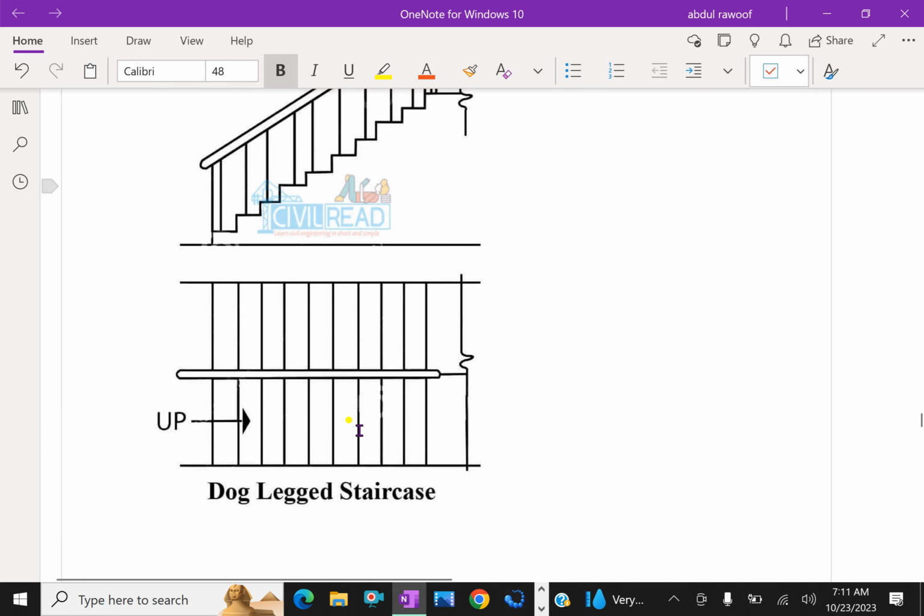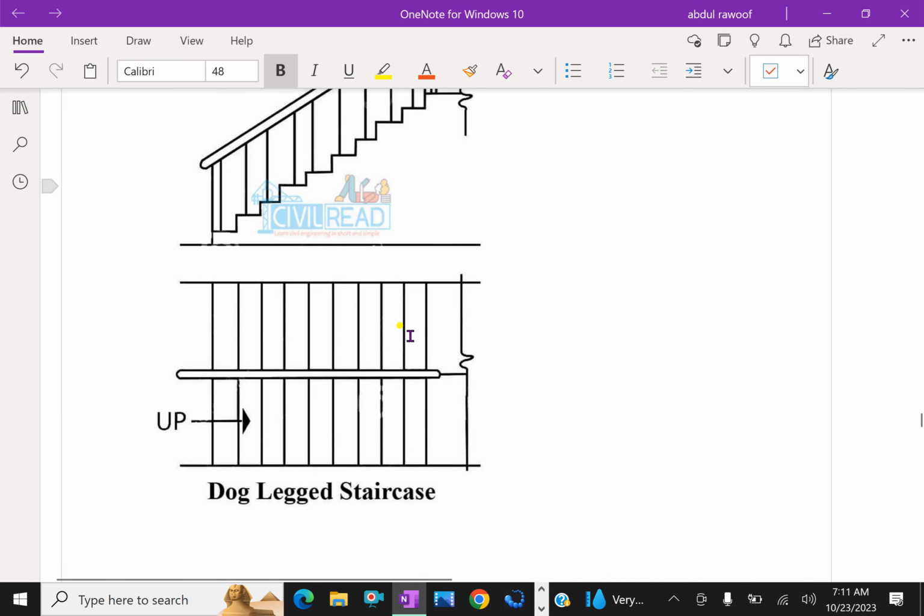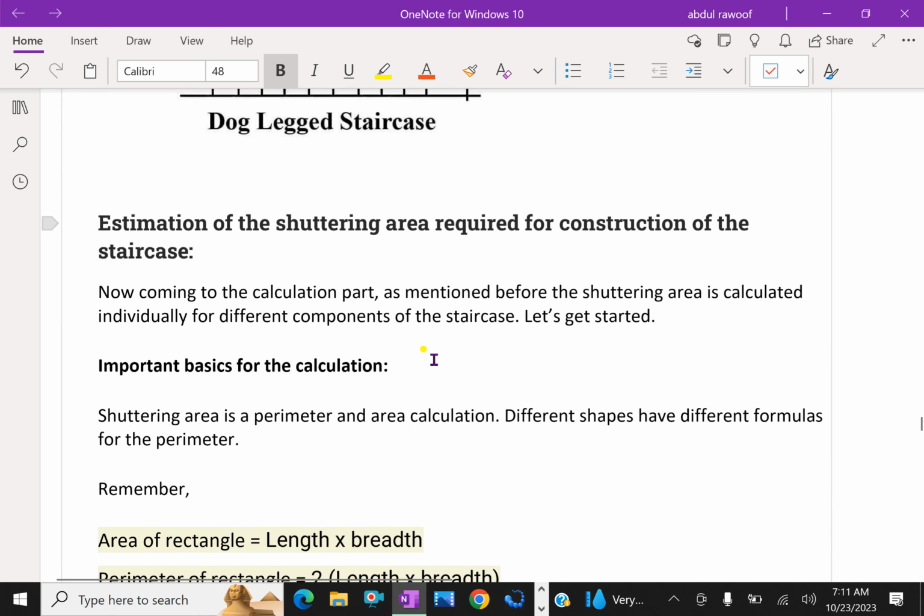Now, look at this picture. A handrail is also included here. This is a plan figure for that dog-leg staircase. Go up to the landing and go up further in the opposite direction.